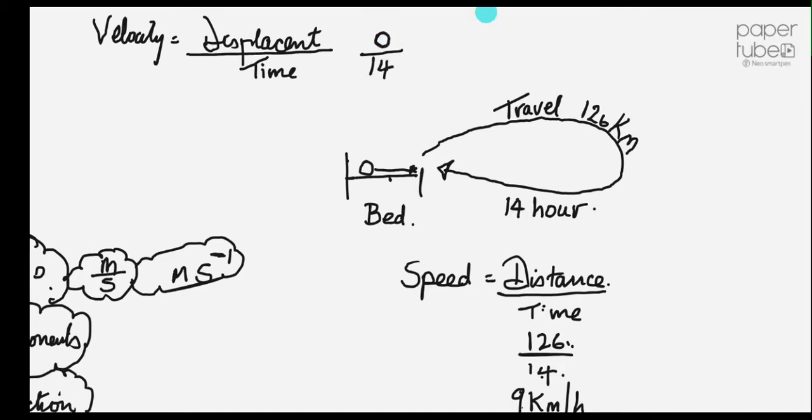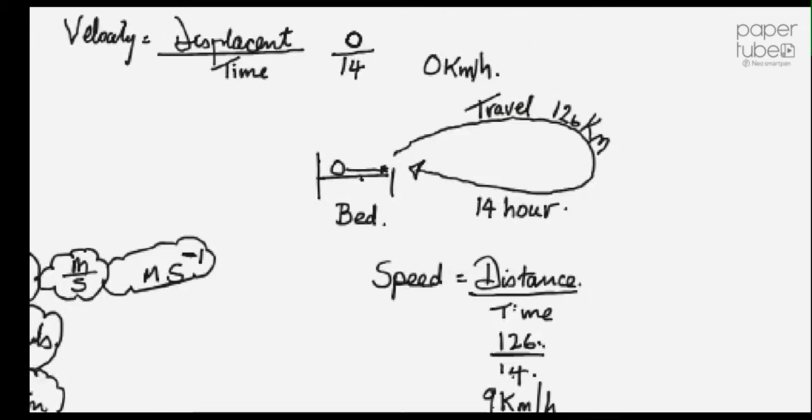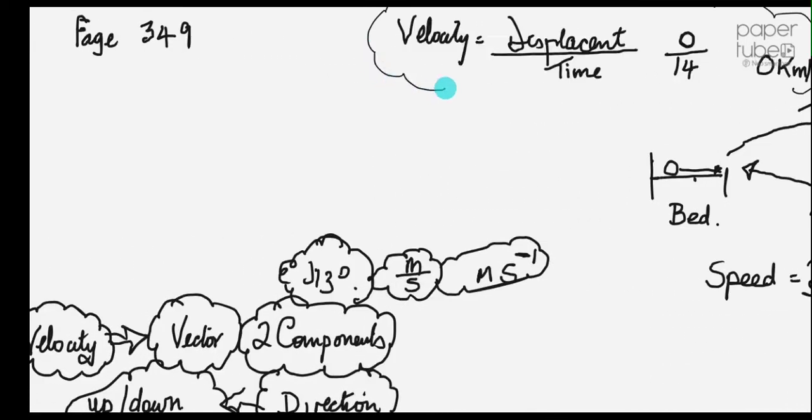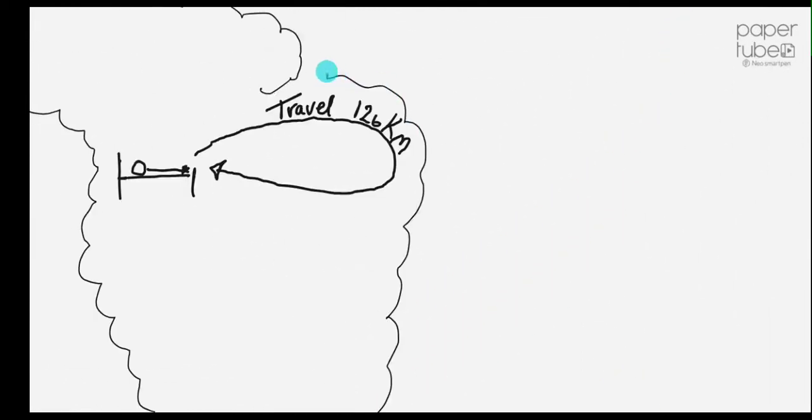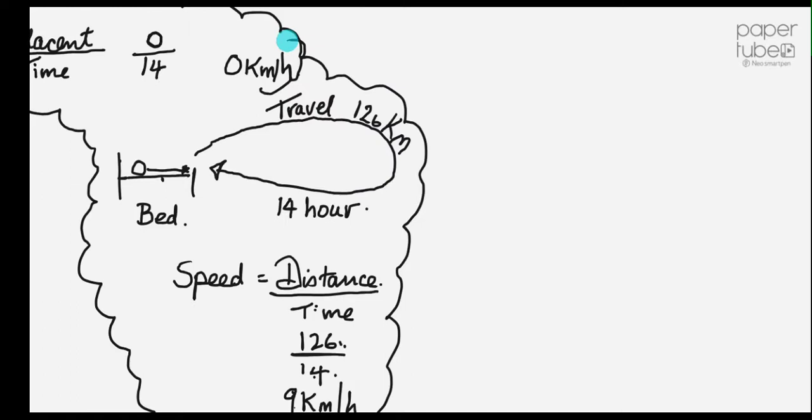Nothing divided by 14 is still nothing. So your velocity is nothing, and your speed is 9 kilometers per hour. They are very similar, but they are totally different.